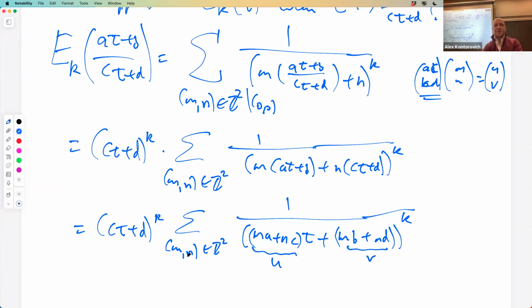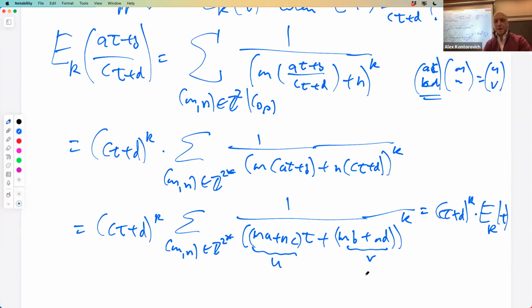So as m and n range over all non-zero pairs of integers, so do u and v. So this whole thing is a factor C tau plus D to the k, and what was this? It's the Eisenstein series all over again, EK of tau.